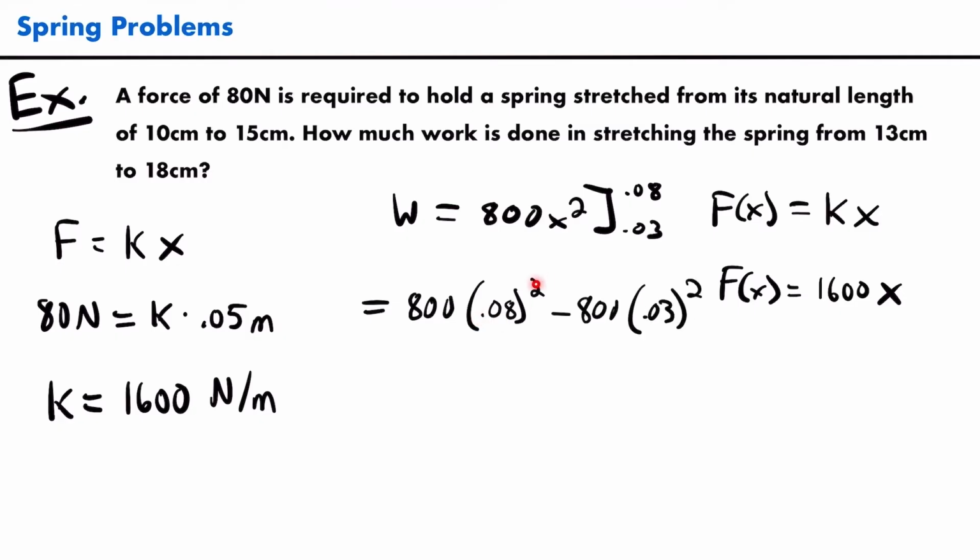Now 0.08 squared is 0.0064, so this is equal to 800 times 0.0064, and then we will have minus 800 times 0.03 squared, which is 0.0009.